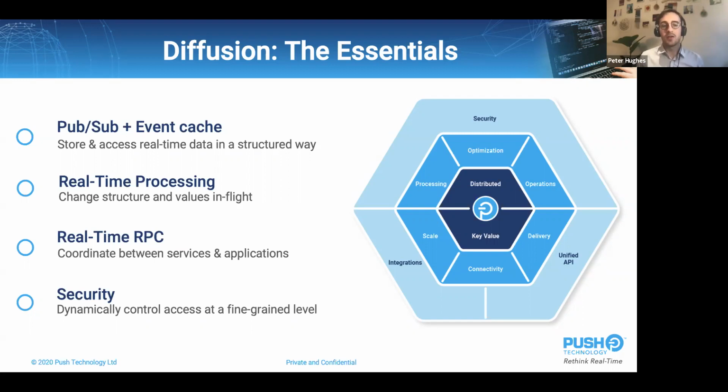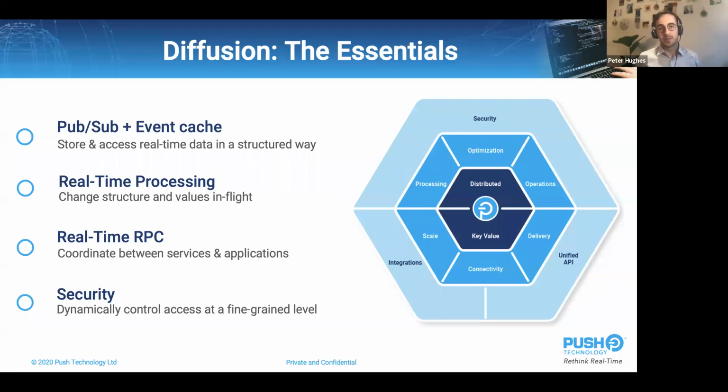These two components combined allow us to store and access real-time data in a structured way. That structure is what facilitates some of the more sophisticated uses of Diffusion and applications. One example is real-time processing. Diffusion offers not just data delivery, but the ability to take in-flight events and process them to change the structure and values in a way that enables you to integrate different types of applications and data sources more easily.